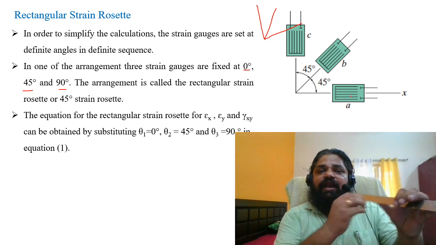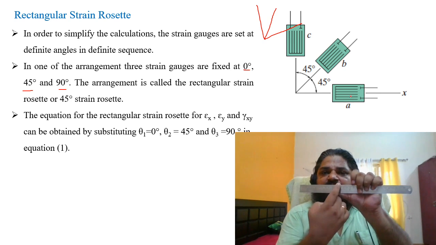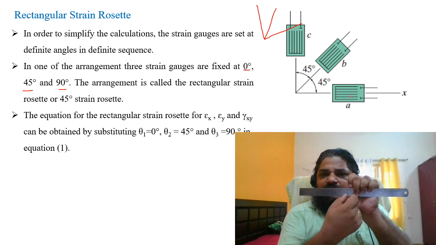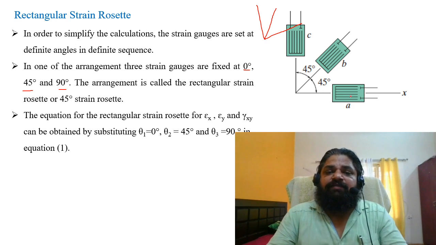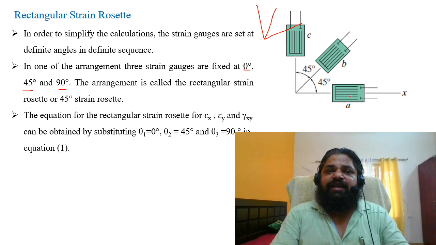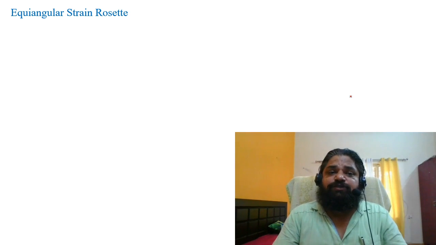I can put a line and a perpendicular line on this plane, one in the x-axis, one in the y-axis and one at 45 degrees. Then from epsilon A, epsilon B and epsilon C at theta A, theta B, theta C, I am able to get epsilon x, epsilon y and gamma xy. By putting in all these values, I can also get the responses.